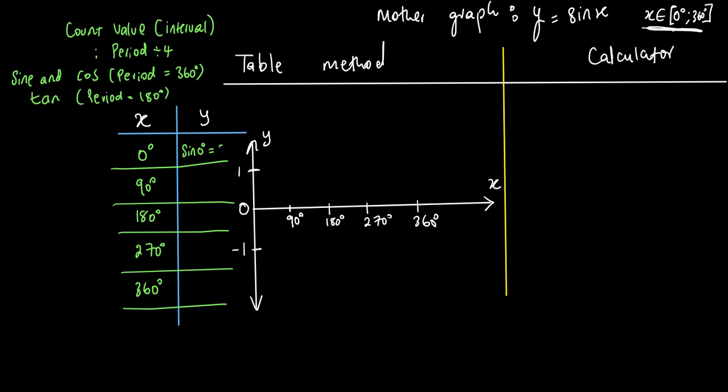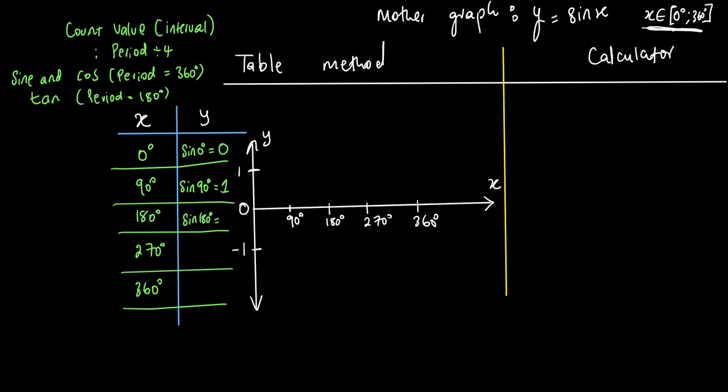And then here, please put sine 90 degrees and tell me what you get. Great. You get 1. And then put sine 180 degrees. What do we get? Zero. Nice. What about 270?